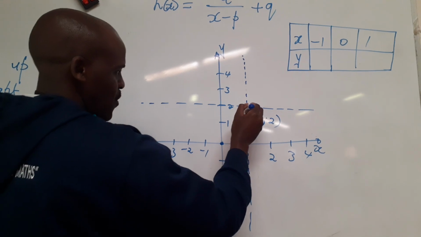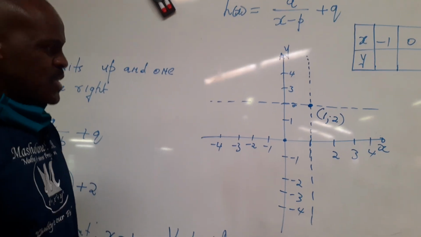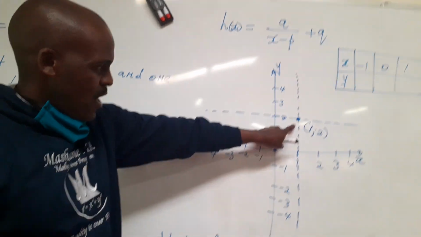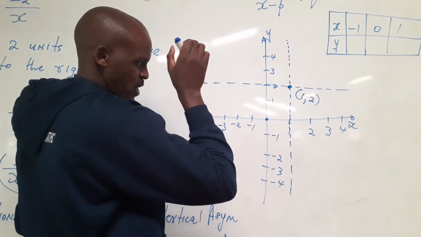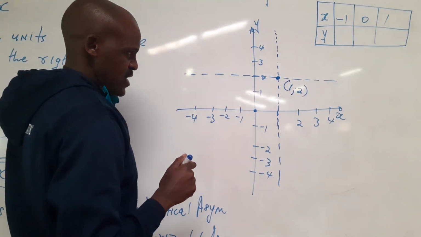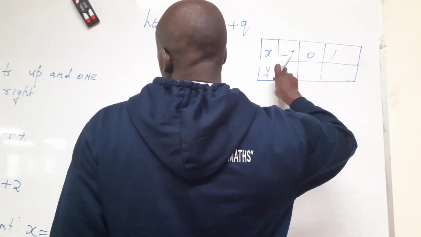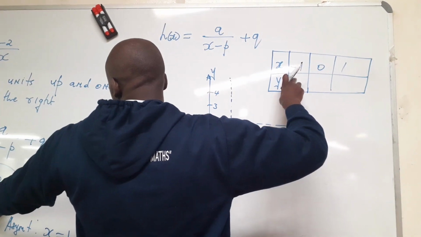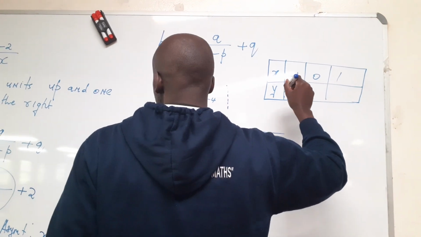Our origin now is there, which means our graph will have x-intercept and y-intercept because it has shifted. If you are to put -1 in the place of x, it will be -1 minus 1.